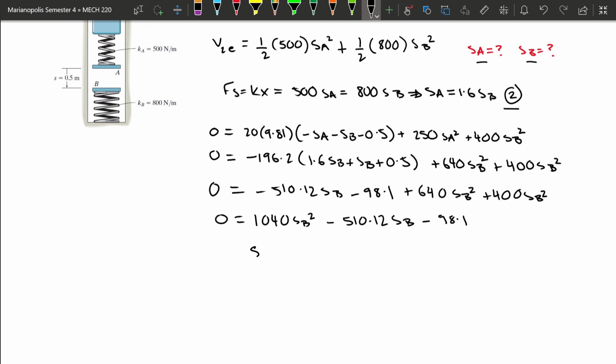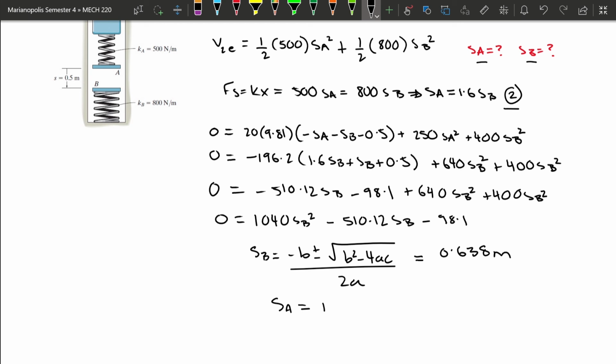We know our quadratic formula: SB equals negative b plus or minus the square root of b squared minus 4ac, divided by 2a. Just the plus is going to give me 0.638 meters. Solving for SA, we get SA is equal to 1.6 times 0.638, which is 1.02 meters. Alright, and that's our answer.